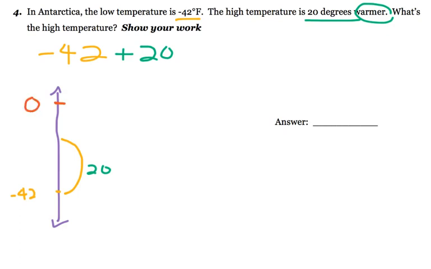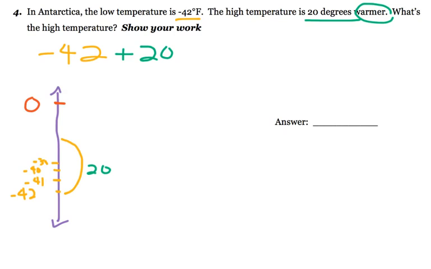All right? So one thing to remember is that when we're below zero and we're going up, it's getting warmer, but the numbers actually go down. And that's because they're telling you how far away from zero we are. The numbers go down as you get closer to zero.